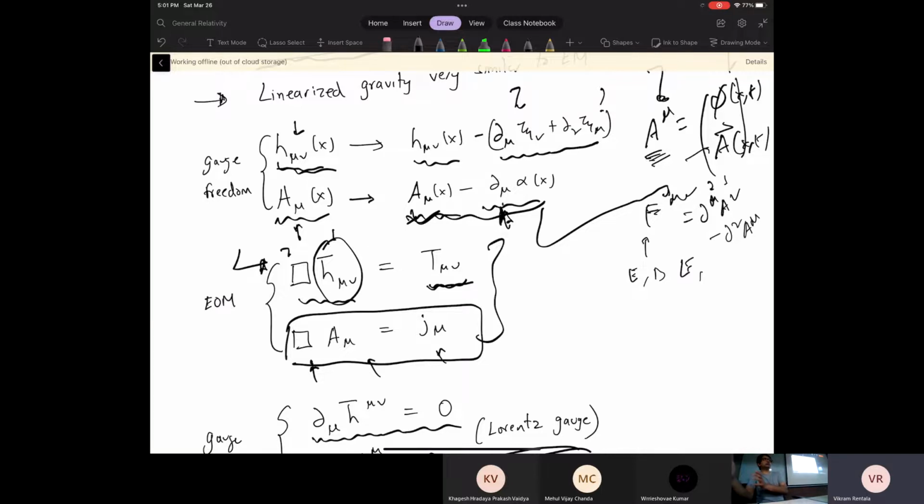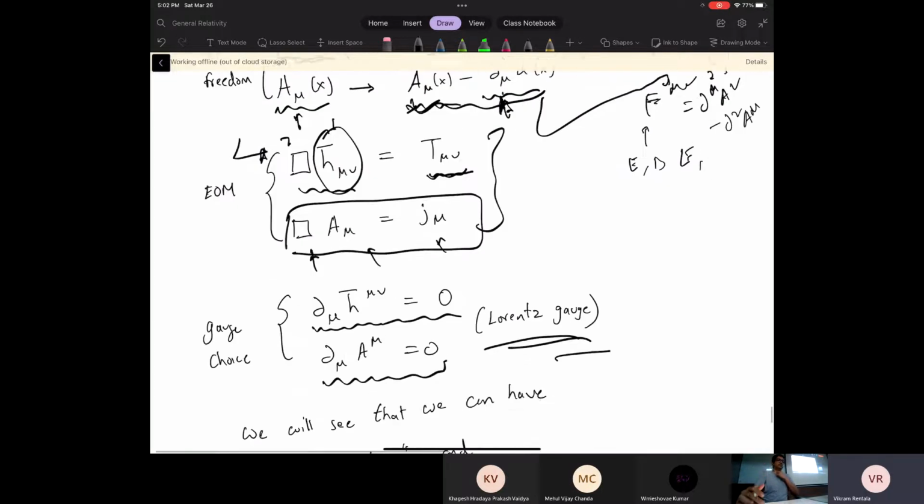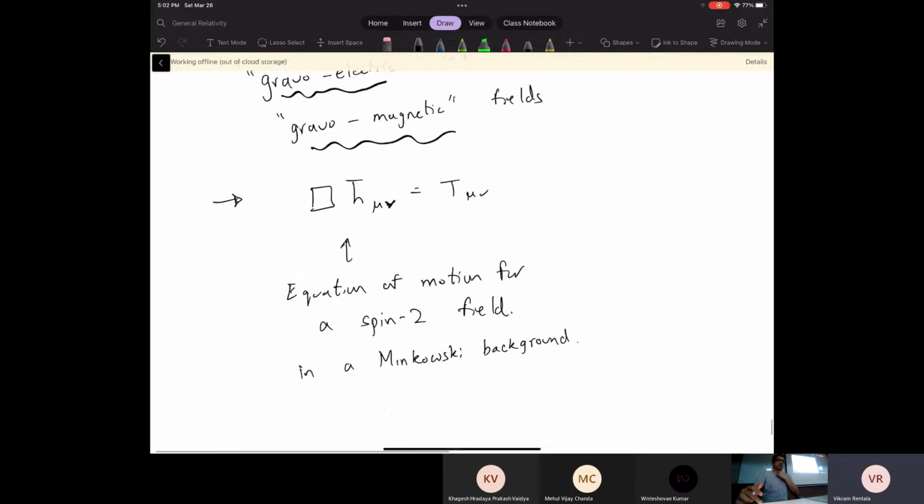Just for compatibility with special relativity, you can't have Coulomb's law being the correct law, because in a different reference frame, when the charge is moving, it produces a magnetic field also. Similarly here, you can't just have Newtonian gravitational attraction. When a mass is moving, it must produce an analog of a gravitational magnetic field. So we'll see that you produce gravitational magnetic fields also.